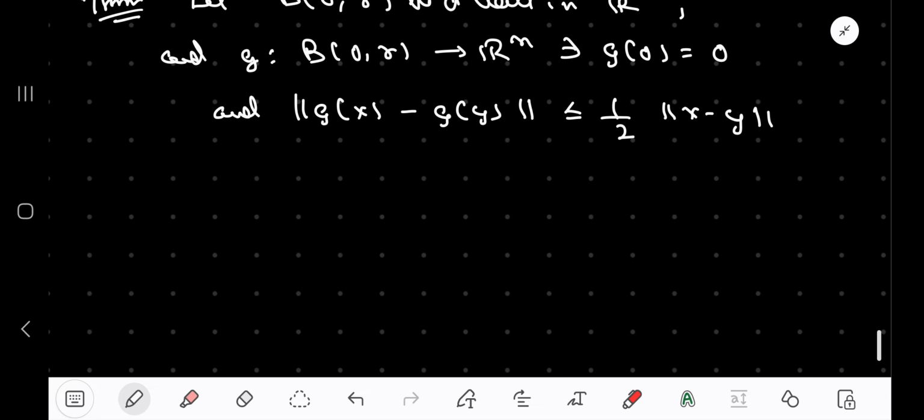Here we are using the notion of a norm, and you can see that this actually defines a distance between Gx and Gy. So it's actually the metric induced by the usual norm on Rn, and this happens for all x, y in B(0,r).